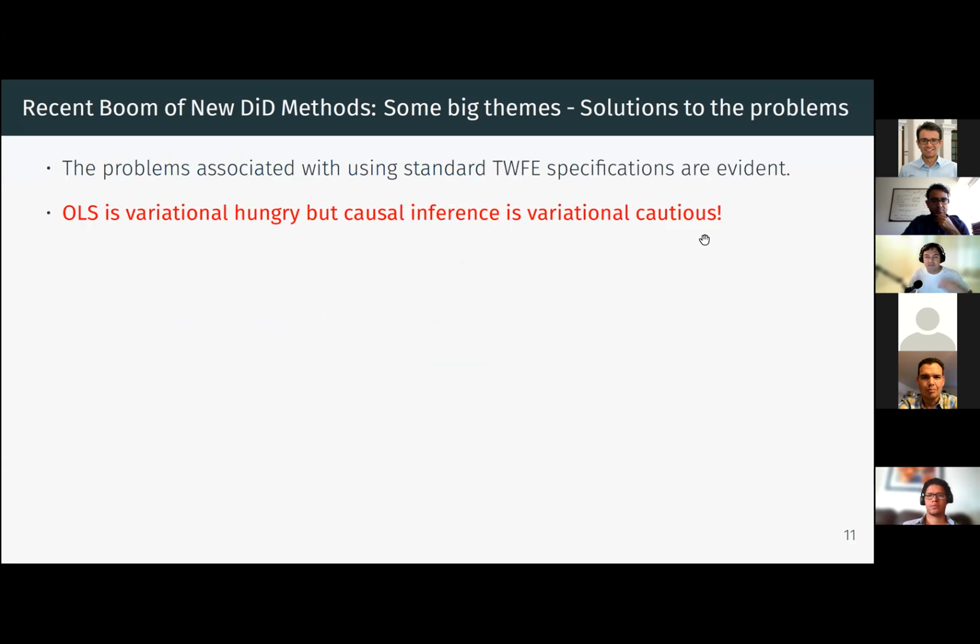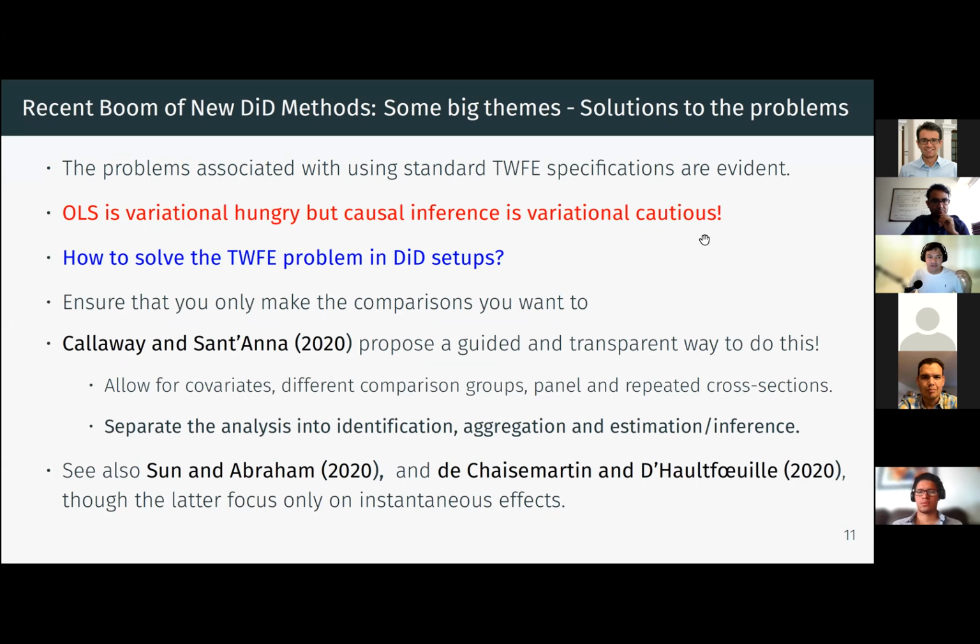And the other branch of the literature is about proposing solutions, right? So it's like giving you new toys. And I think Callaway and Sant'Anna is also in the latter category. Many papers are in both categories, right? So Sun and Abraham and De Chaisemartin and D'Haultfoeuille are in both. But yeah, that's the way I see it.